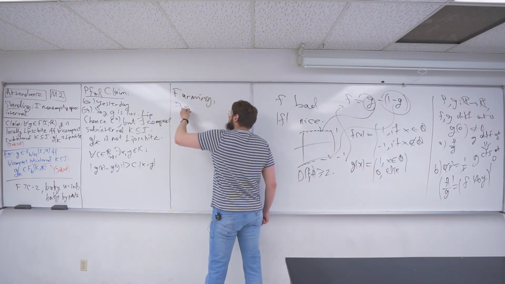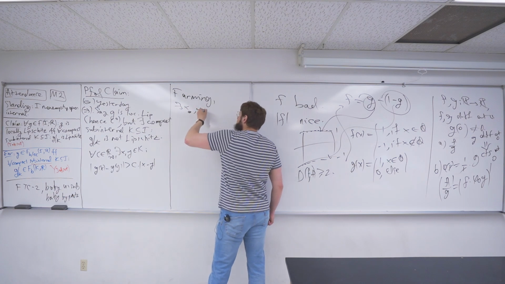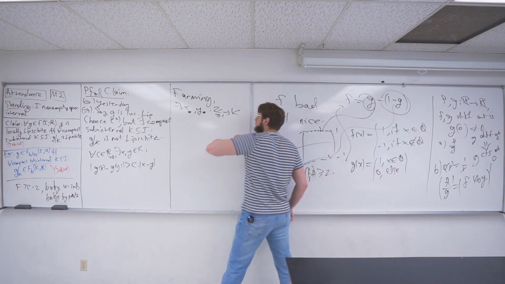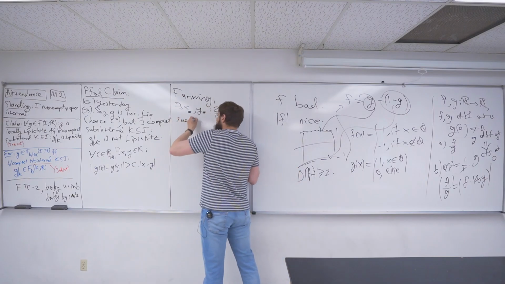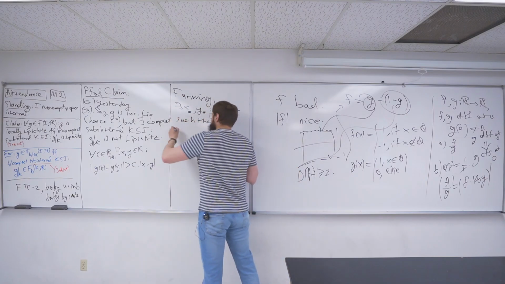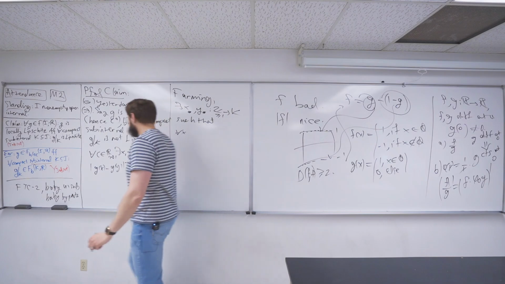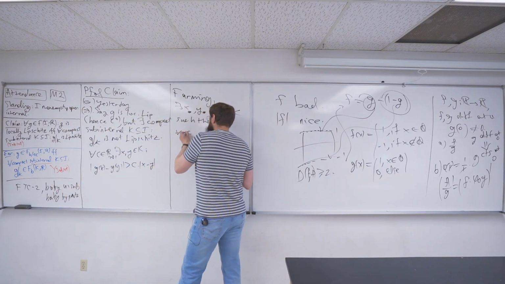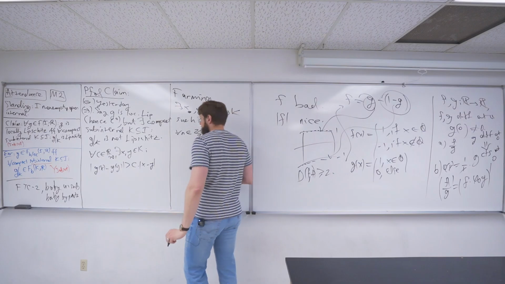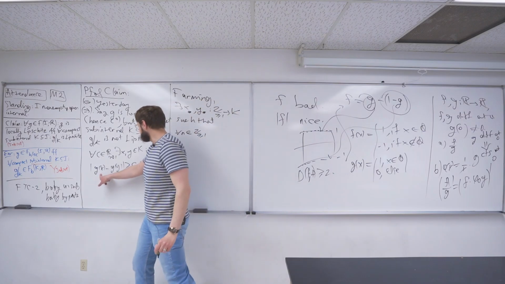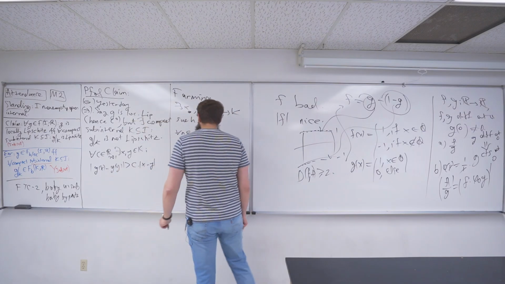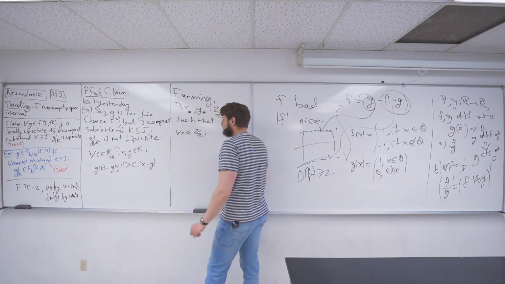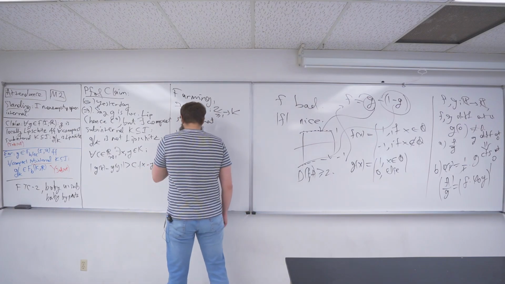So there are two sequences, x bullet and y bullet in K, such that for any positive n, |g(x_n) - g(y_n)| is lower bounded by n times |x_n - y_n|.